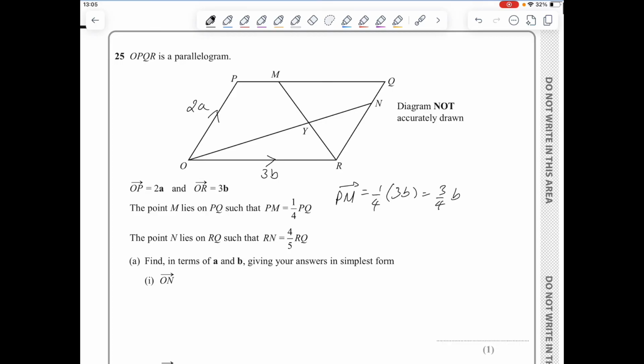Similarly, from the statement below, vector RN is equal to 4 over 5 times the vector RQ, and the vector RQ is equal to 2a, again because I have a parallelogram, so this is equal to 8 over 5 a.